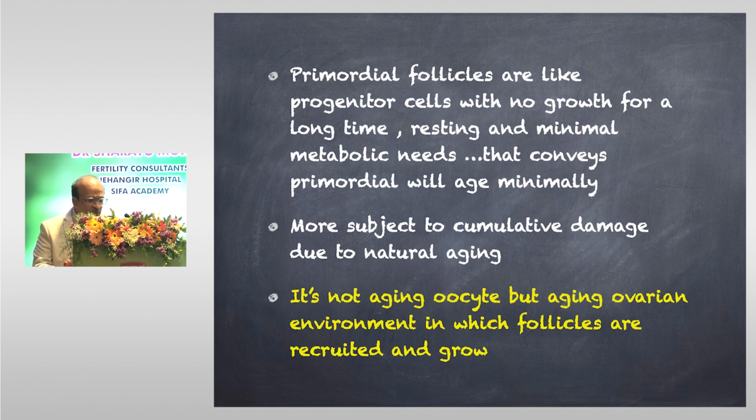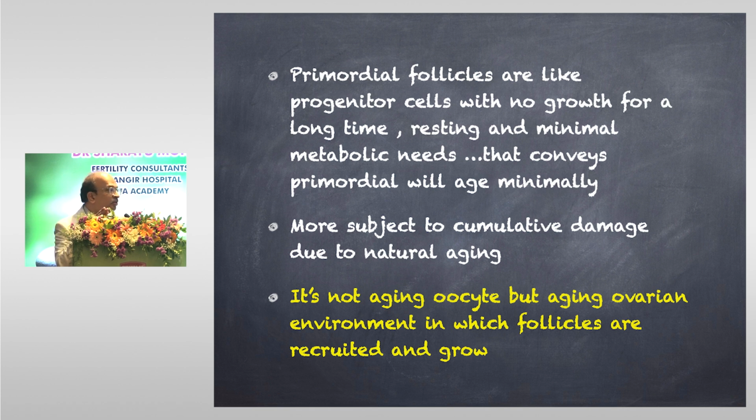Primordial follicles are like progenitor cells with no growth for a long time, resting with minimal metabolic needs. Their needs increase only once the birth of the lady takes place. Till then, no need. That conveys primordial follicles will age minimally. It is more a subject of cumulative damage because of the natural aging process, and that's where I feel ovarian rejuvenation has a role to play.